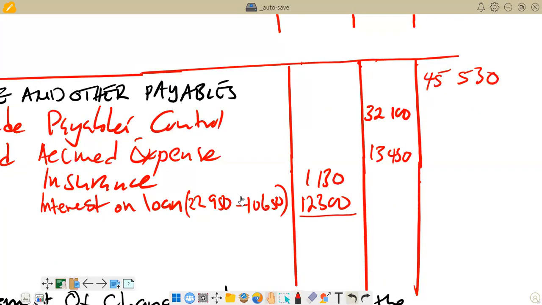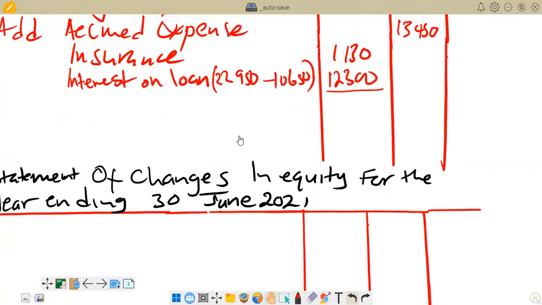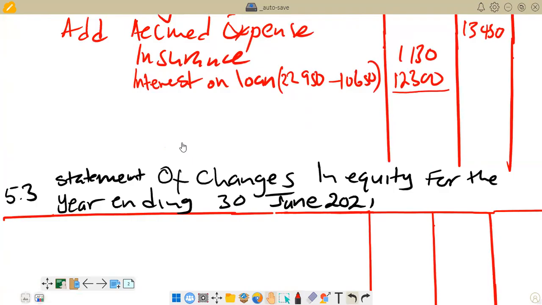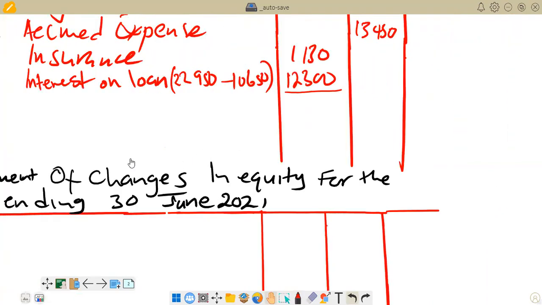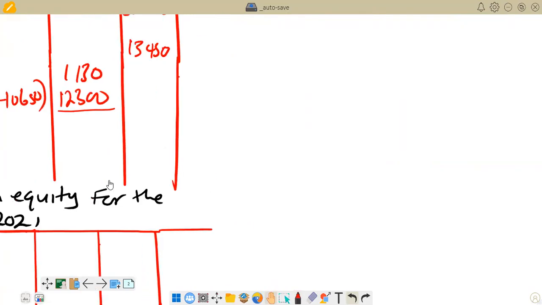Then we go to the next note that we have in the question. If you go down now, we have the next note, which is the statement of changes in equity. So remember, when calculating changes in equity, the formula that we use is: the opening balance of equity, then we add the profit for the year.